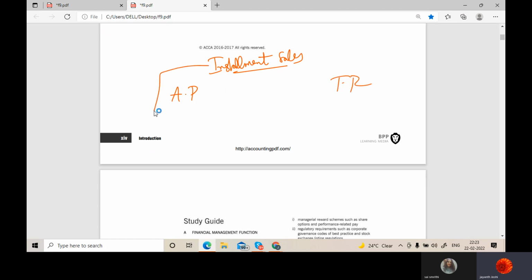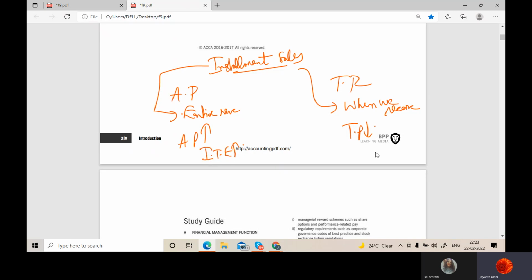See, in an installment sale, we recognize the entire revenue at the beginning, and here we recognize the revenue when we receive. Here we recognize before, and here we recognize later. And since we have recognized before, our accounting profits are higher, and here the taxable profits are less. So when accounting profits are higher, your income tax expense would be higher, and your tax liability would be lesser, and there is a deferred tax liability created.